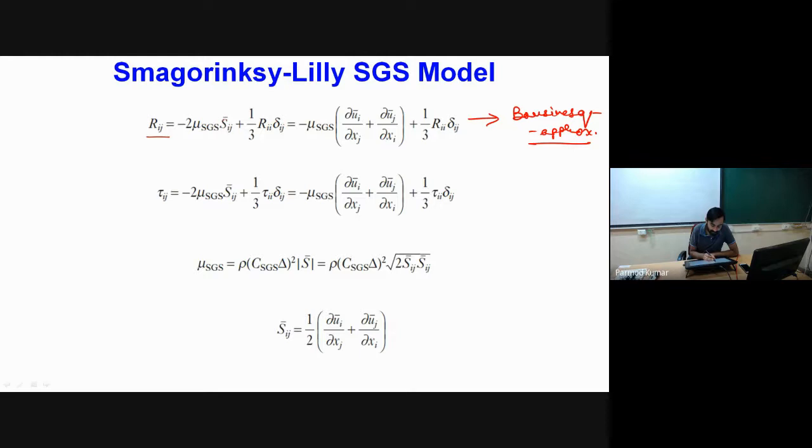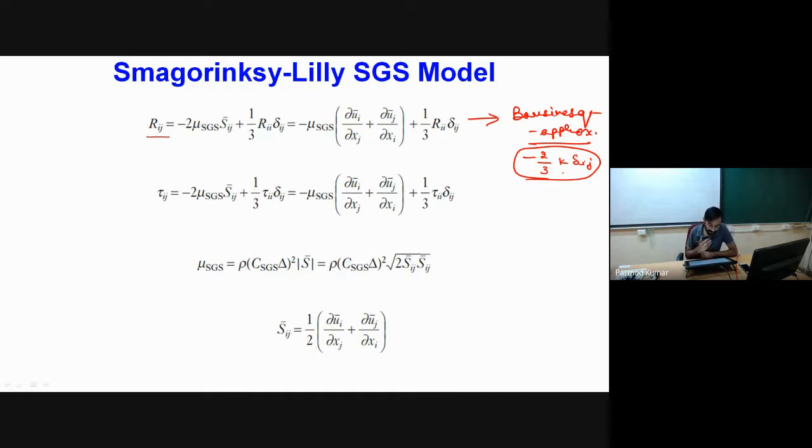gradients of velocity, gradients of the average flow. Here we have gradients of the mean flow plus large eddies. And after that we had a term, if you recall, minus 2 by 3 k delta ij. This additional term was there in order to correct our normal components of the stresses.